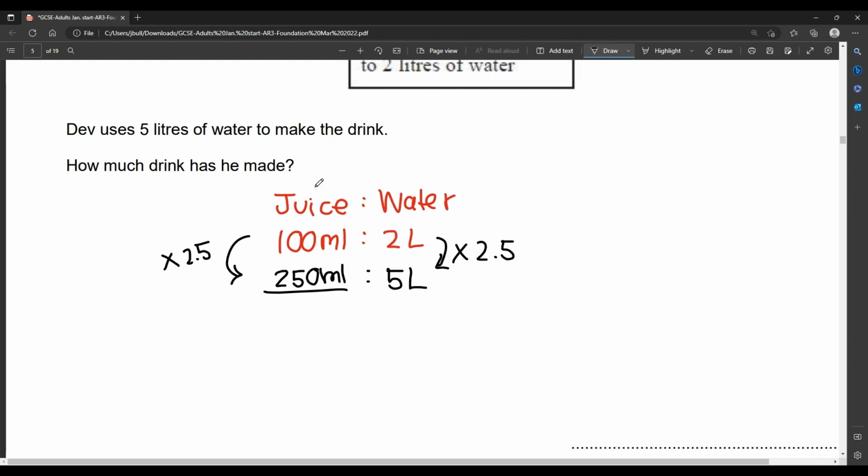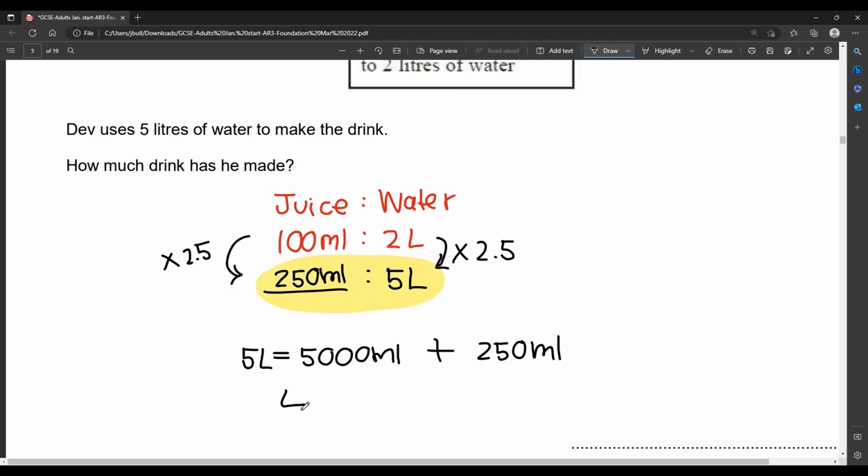Then we want to know how much drink he has made in total. So I've put 5 liters of water and 250 milliliters of juice into a glass or a flask, and now I want to know how much I have in total. So we've got 5 liters, which is the same as 5,000 milliliters, and we have added that 250 milliliters of juice.